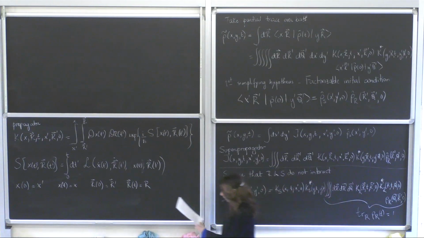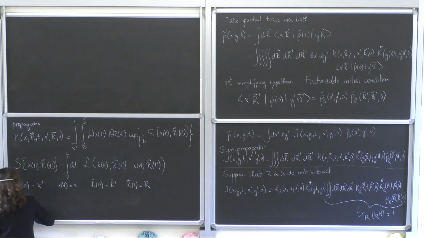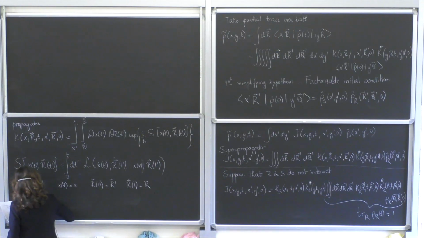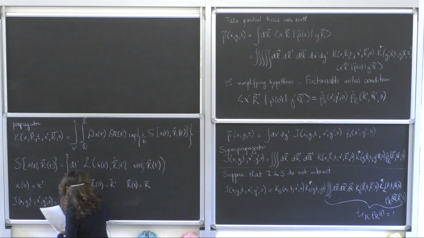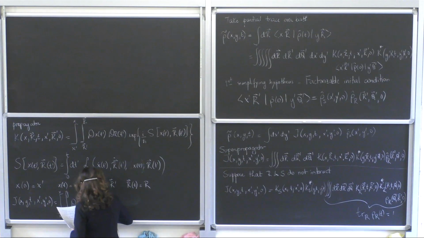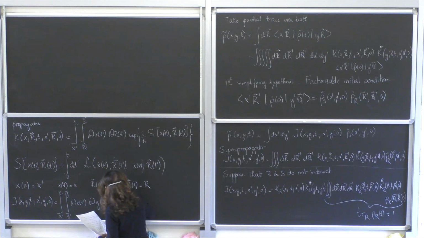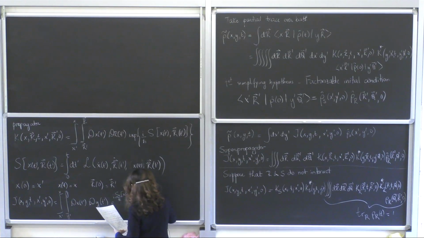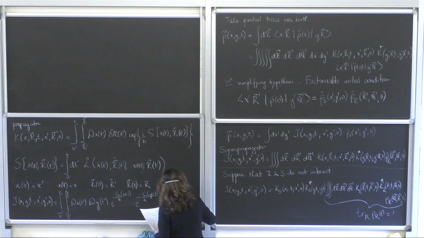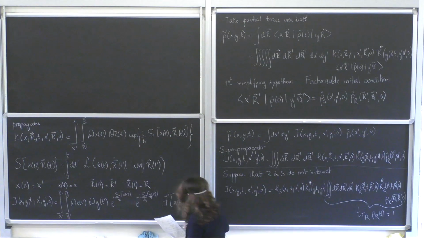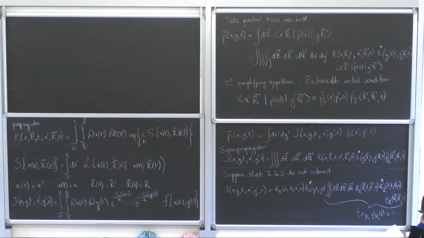I can then rewrite my j of x, y, t, x prime, y prime, 0 as the path integral from x prime to x, the path integral from y prime to y, dx of t prime, dy of t prime, e to i S0 of x of t prime over h bar, e to minus i S0 of y of t prime over h bar, times something that's called an influence functional, which is now going to collect all the parts of the reservoir.